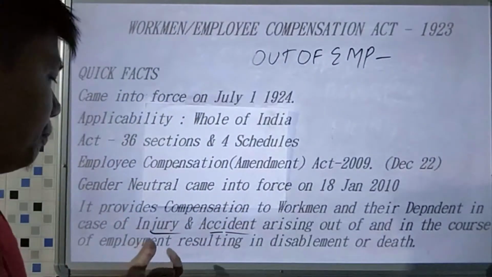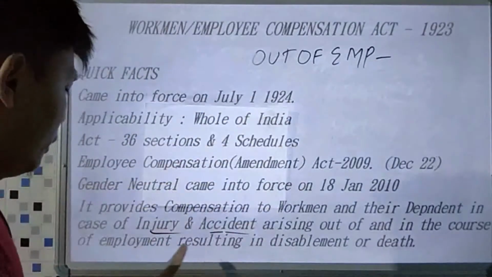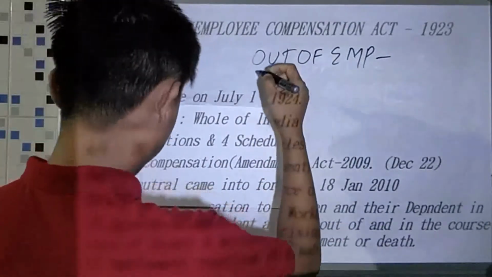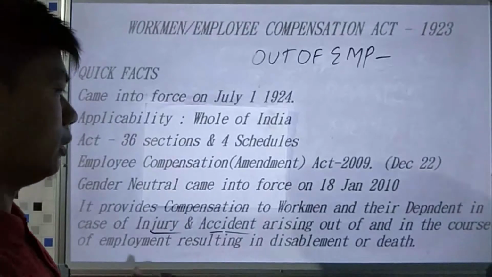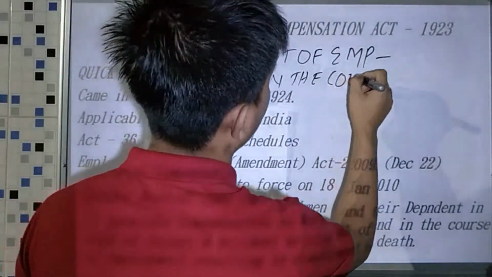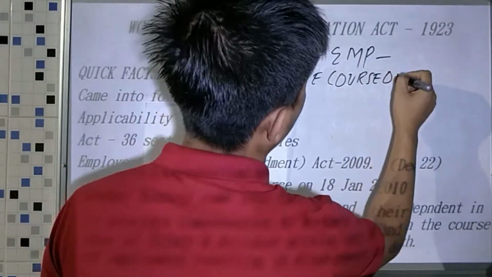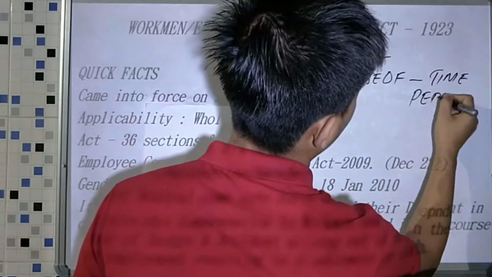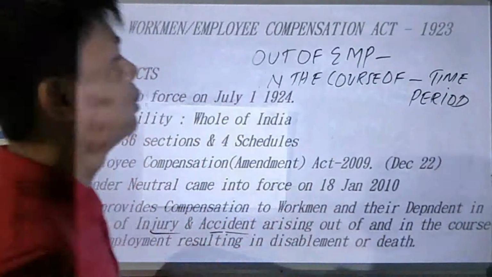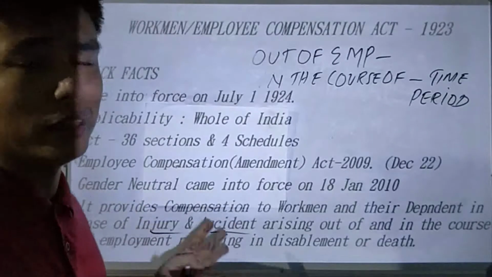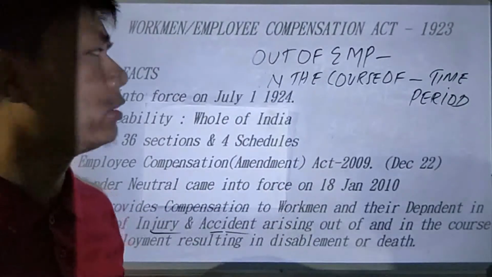So, out of employment, and one more thing, in the course of. Basically it talks about time period. Now, out of employment, there should be a relationship between this accident, injury and this employment, right? The first point is gone.